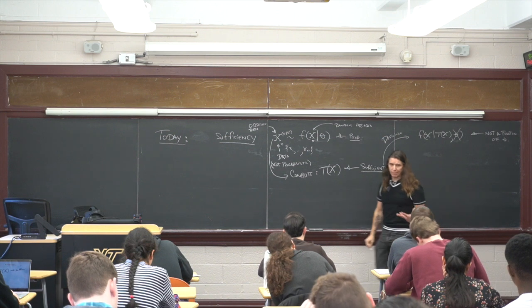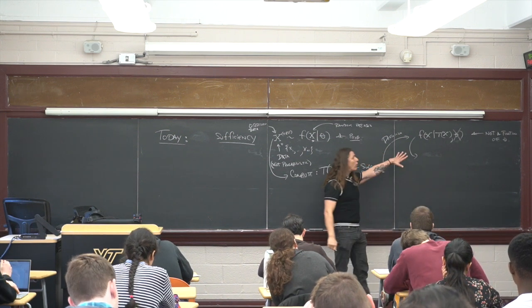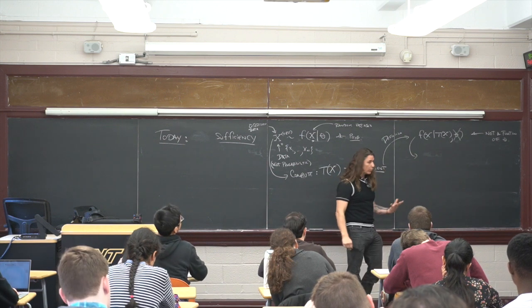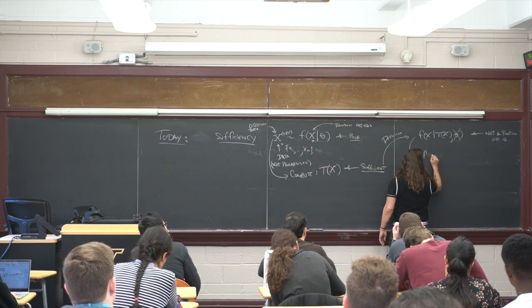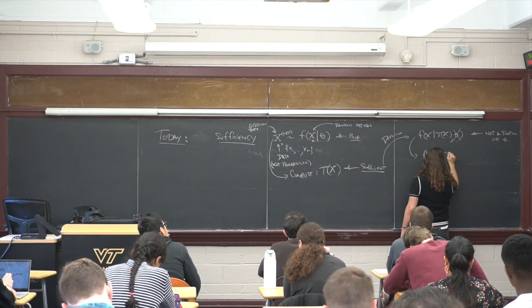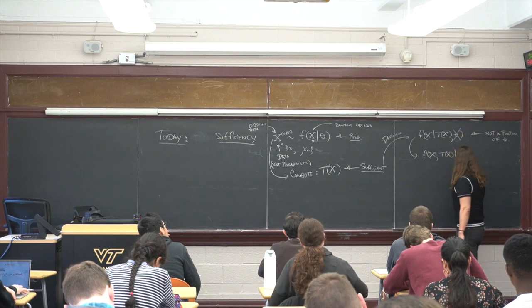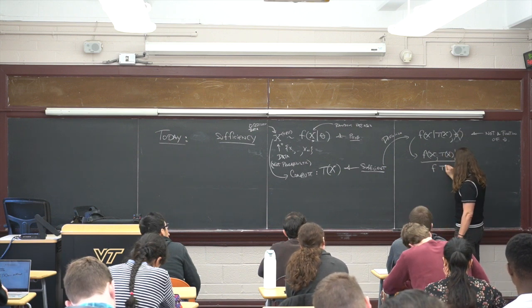So how do we build up this distribution? If I didn't know anything about what is on the board, I would write it down the same way: this is like the joint distribution of f of x and t of x given theta, divided by the margin on t of x conditional on theta.